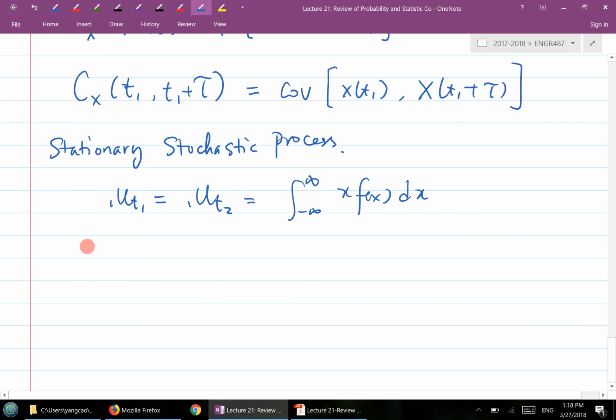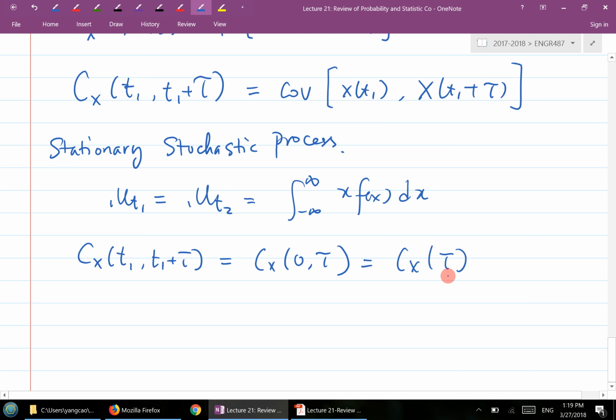If you calculate the covariance, let's say at t1 and t1 plus tau, this should be the same covariance, and you can simply use the symbol for any two random variables that are separated by an interval tau.